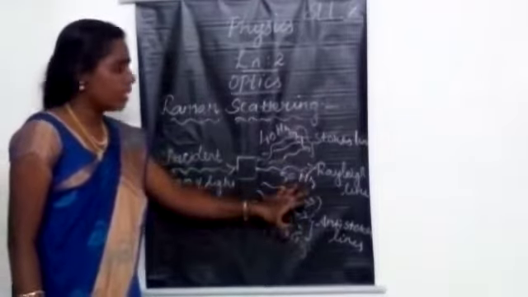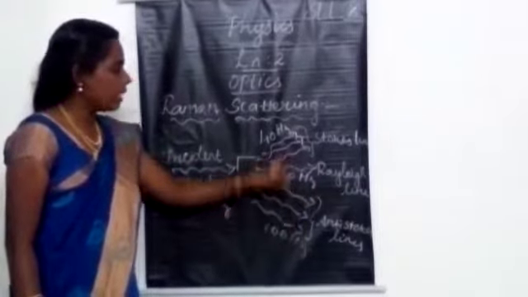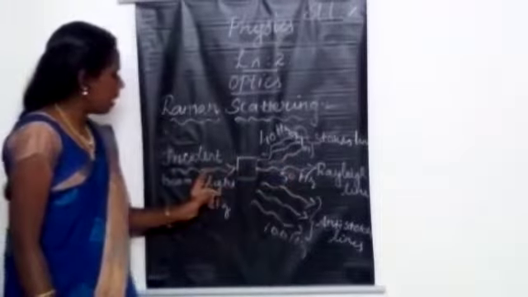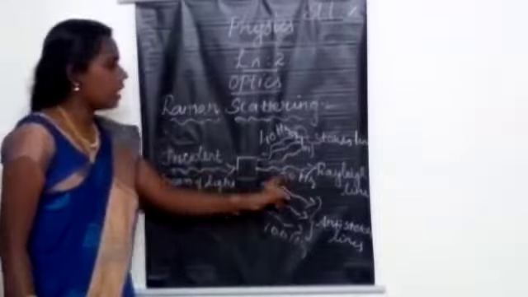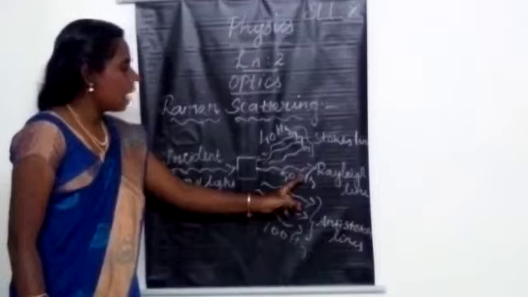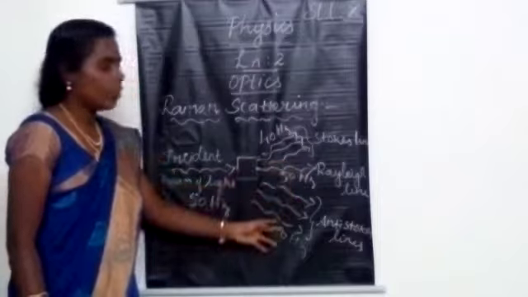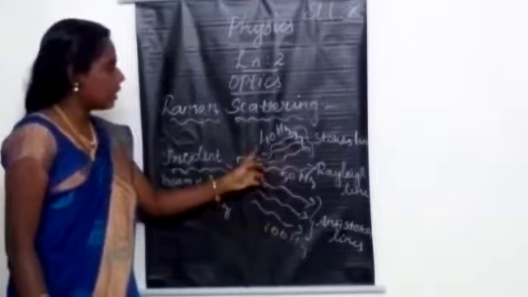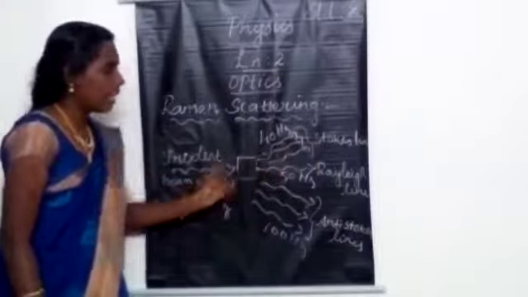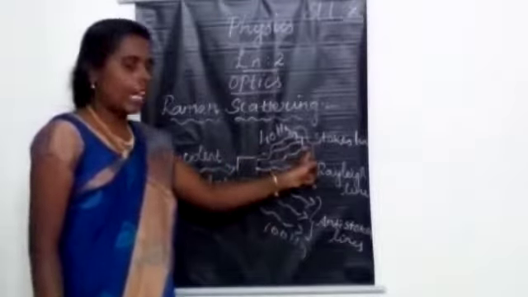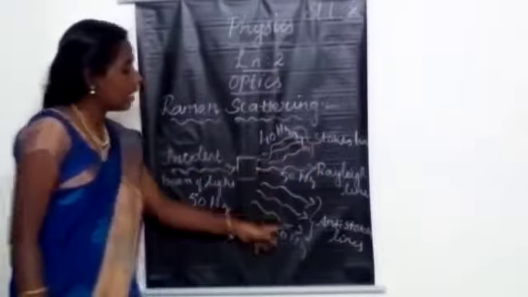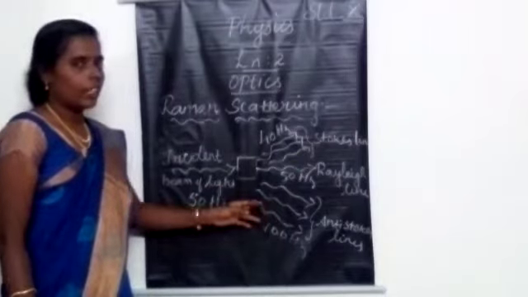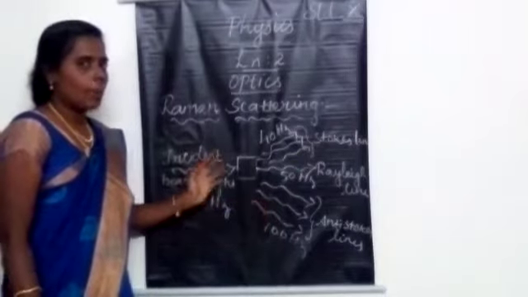The lines with the same frequency as the incident light are called the Rayleigh line, and the frequency lower and higher are called the Stokes and anti-Stokes lines. The frequency lower than that of the incident light is called the Stokes lines, and the frequency higher than that of the incident light is called the anti-Stokes lines. Have you all understood what Raman scattering is?